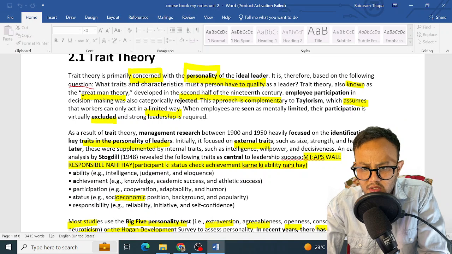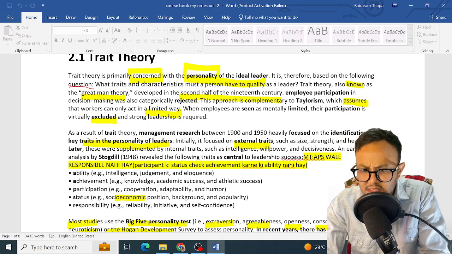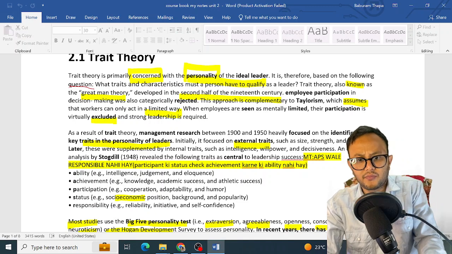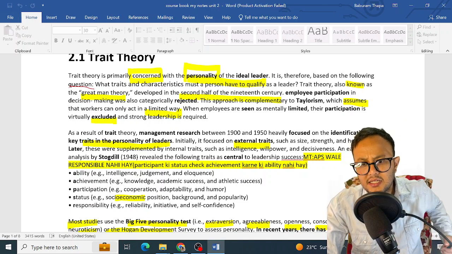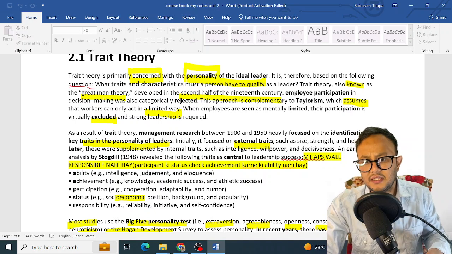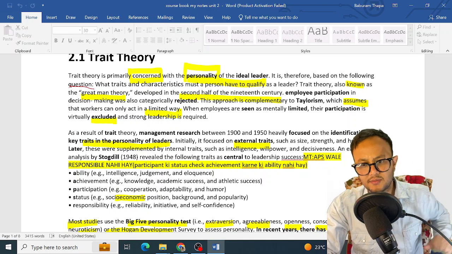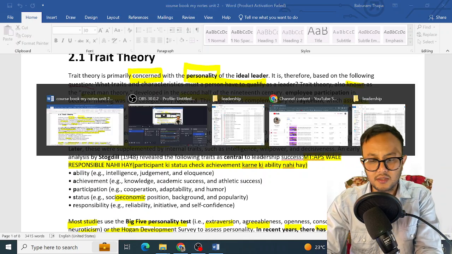They have eight hours, fatigue and everything, so there is a limited way. Taylor agrees with that, and this theory complements it. When employees are seen as mentally limited, their participation is virtually excluded.